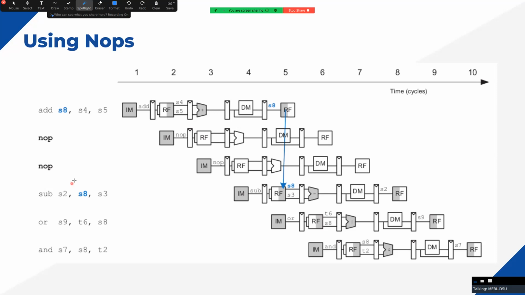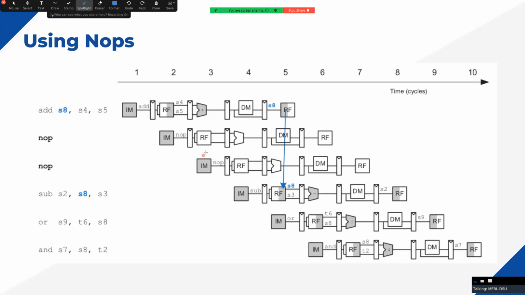In this way, you can see that S8 is getting written back in the fifth cycle, and the subtraction instruction is getting the correct value which I wrote into the S8 register. These two NOP instructions mean no operation is performed in my whole pipeline: no decoding, no execution, no data memory, no write back.